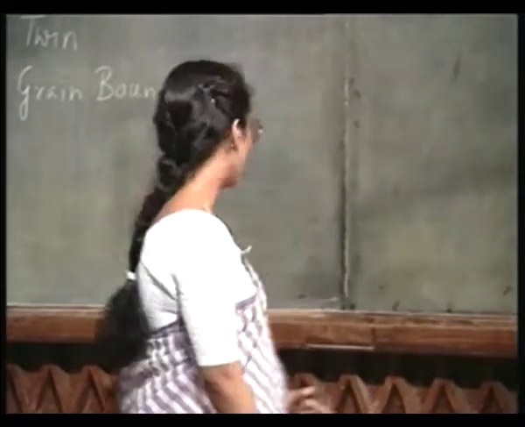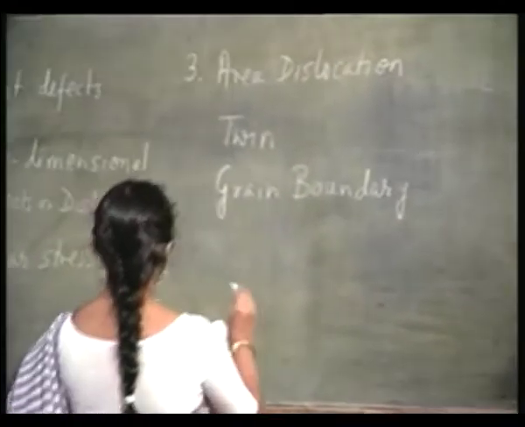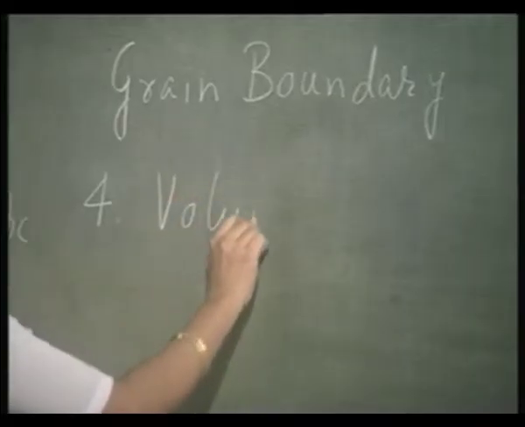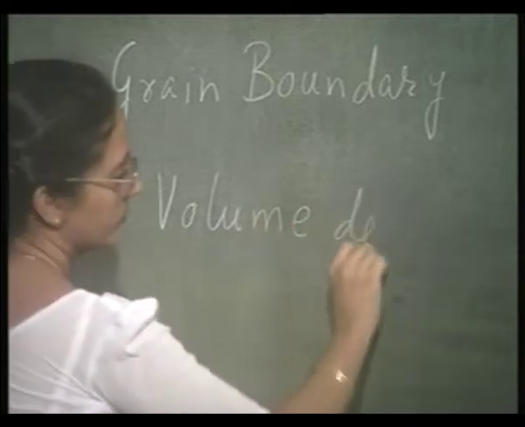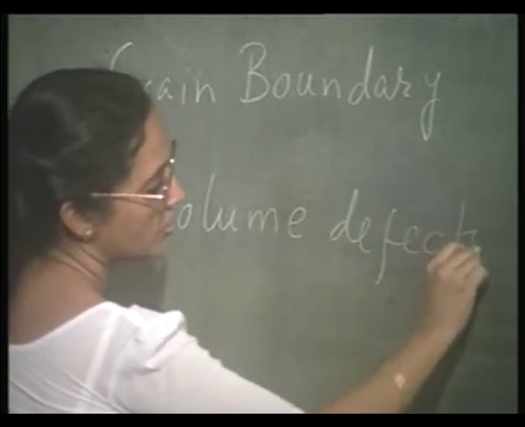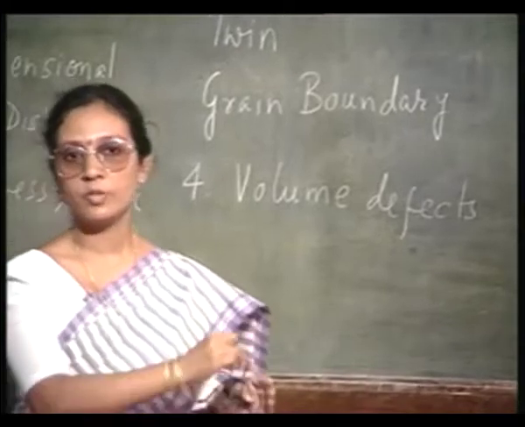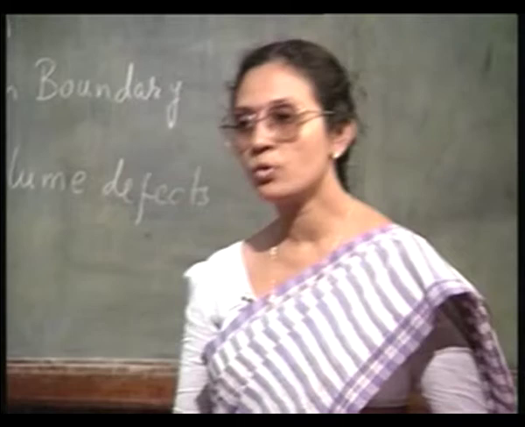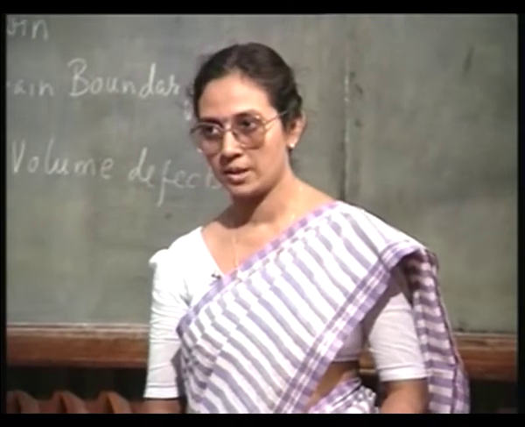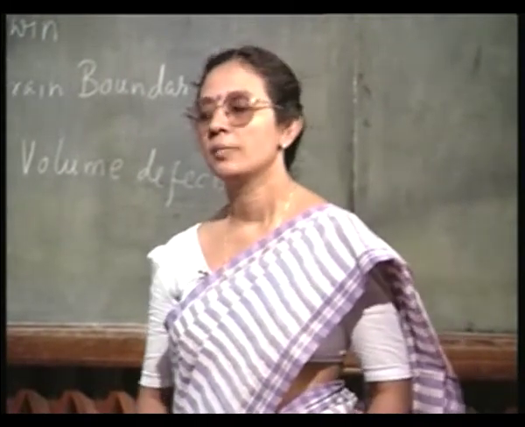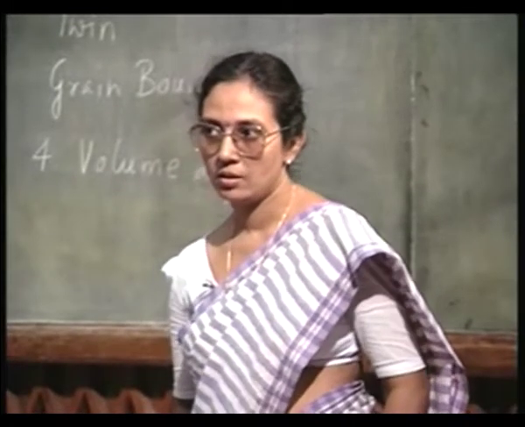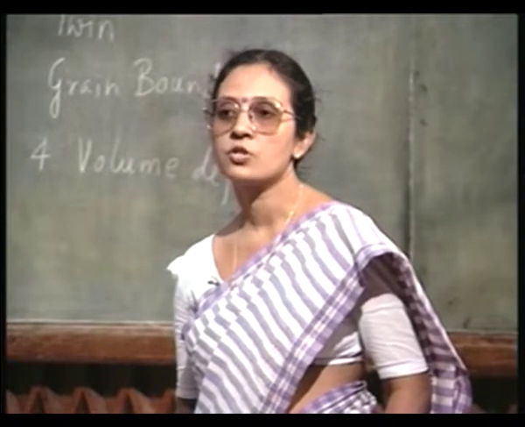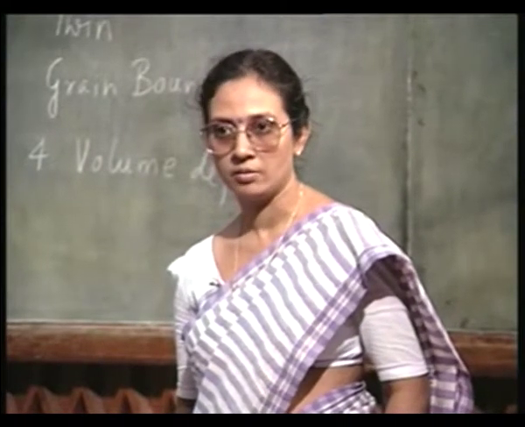And finally, we have volume defects. One dimensional, two dimensional, and finally volume defects or three dimensional defects. These are usually created by precipitates. See, the point is this, that each material has a solubility limit in another material.